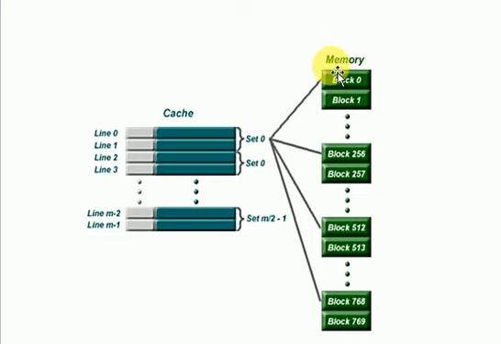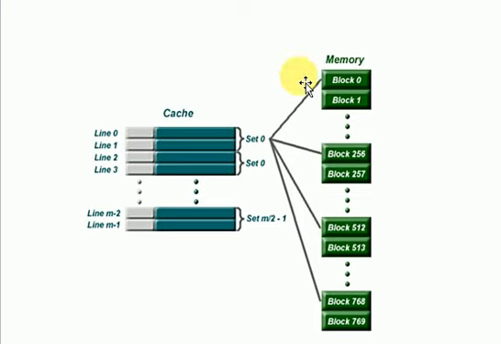However, it adapts to fully associative mapping in the sense that I can place the block in any of the lines in that set. So this form of associative mapping, set associative mapping, is a combination of both direct mapping as well as fully associative mapping.